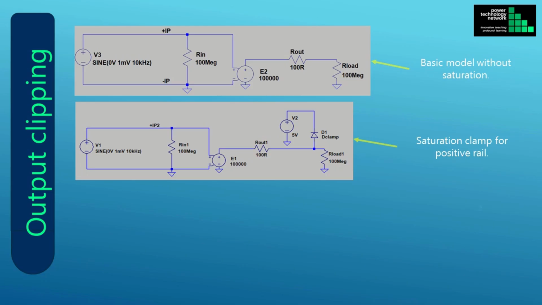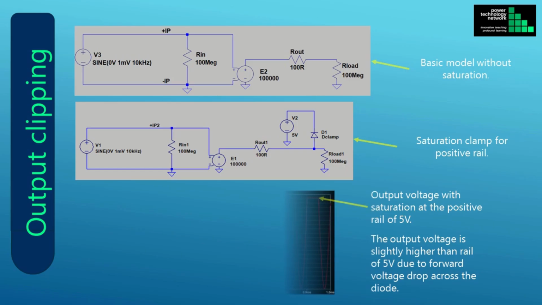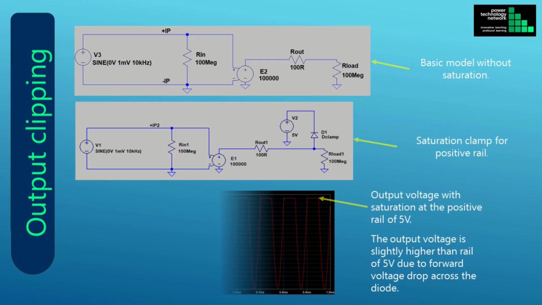The output voltage is clamped at about 5 volts. The reason that the output voltage is not clamped at exactly 5 volts is due to the forward voltage drop across the clamping diode D1. This voltage is set to a very low value in the model used for D1. In this example, the forward voltage drop of the diode model is set to 1 mV.